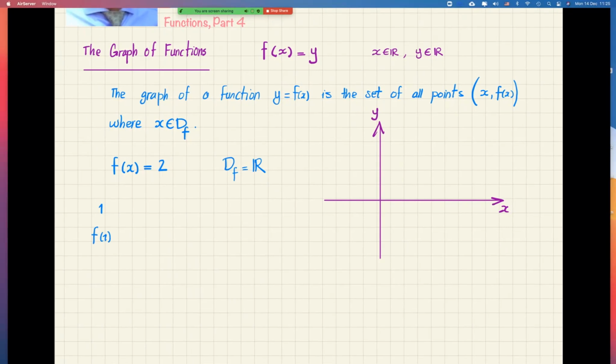It gives me f of 1, which is 2. Then I will have a point whose x coordinate is 1 and whose y coordinate is 2. Then I will go here and try to find that point. It would be better if I draw it more carefully, so let me draw this a little carefully so it passes exactly through the grids if possible.